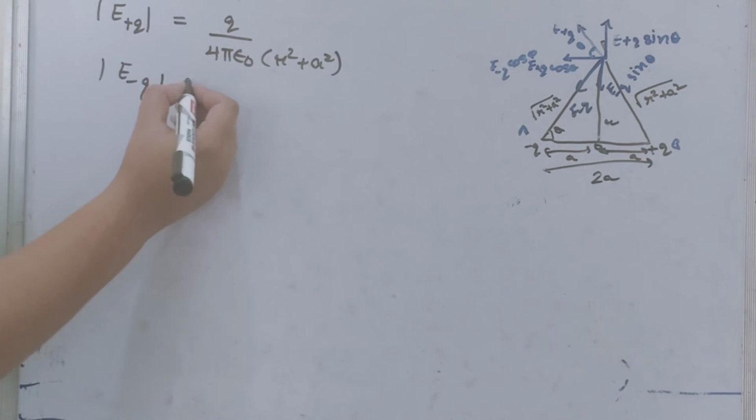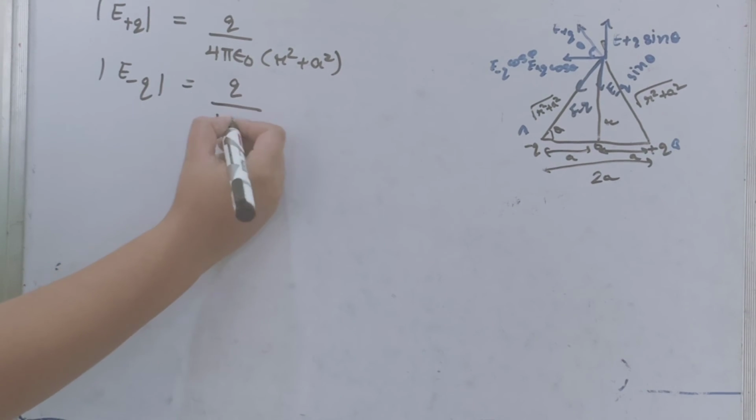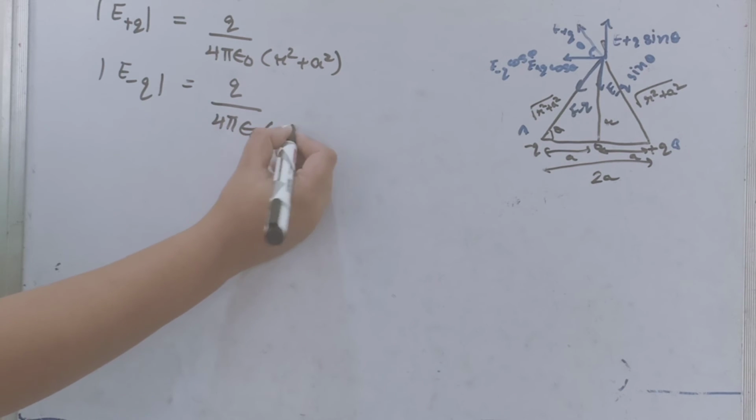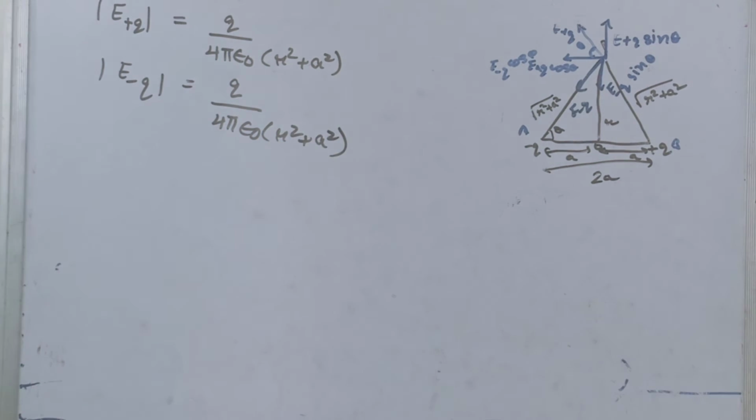That will also be equal to Q upon 4 pi epsilon naught (R square plus A square). Why? Because we are dealing only with the magnitude of charge and not the sign of the charges. Fine. So these are the magnitudes of the electric field in both cases.